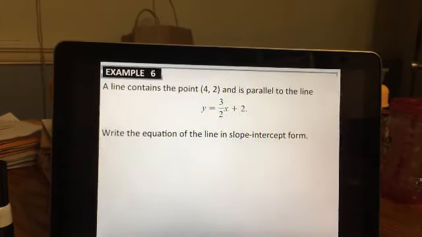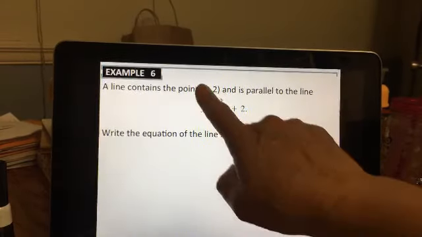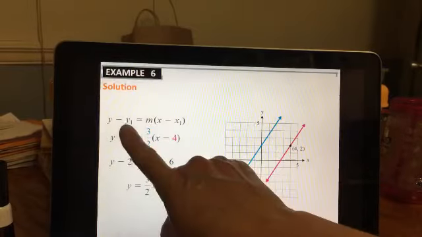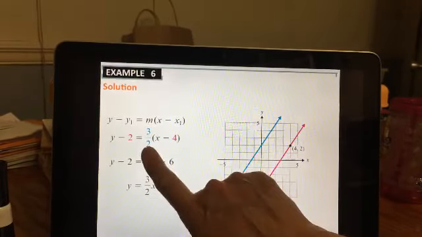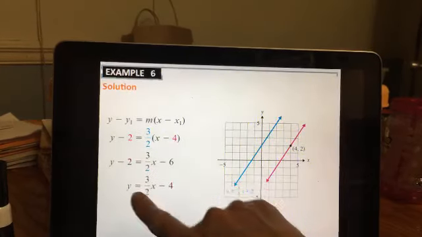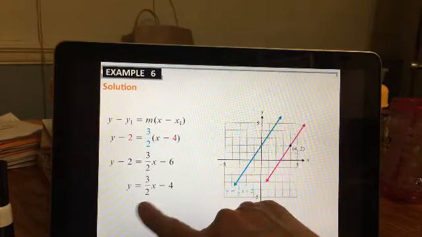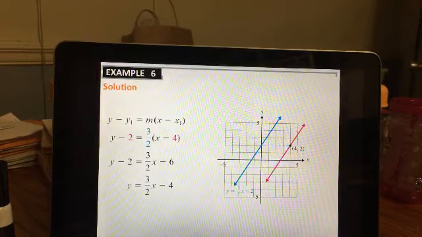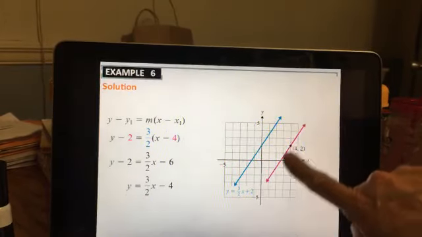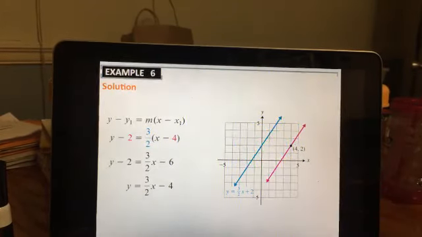So we have a slope and a point, and we know how to deal with that. We're going to use our point-slope form of the line, put in our slope, put in our point, crank it around, and turn it into the slope-intercept form that they told us to use. So now you can see the parallel line going through (4, 2).